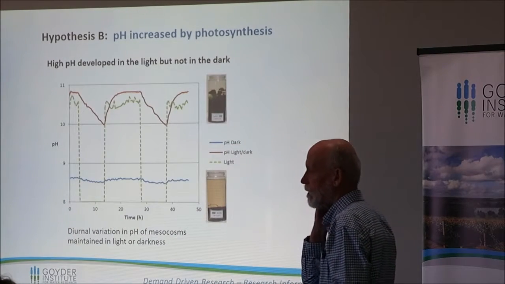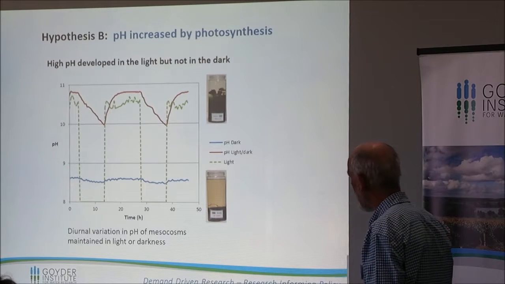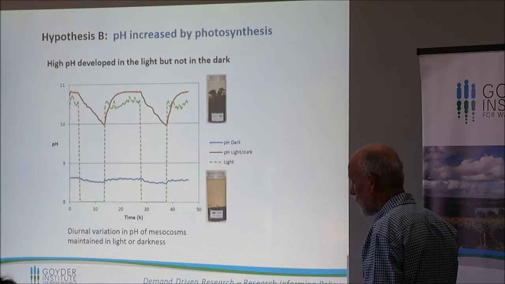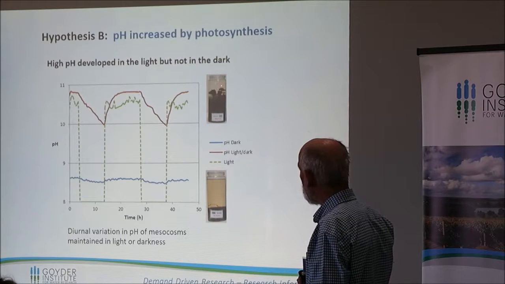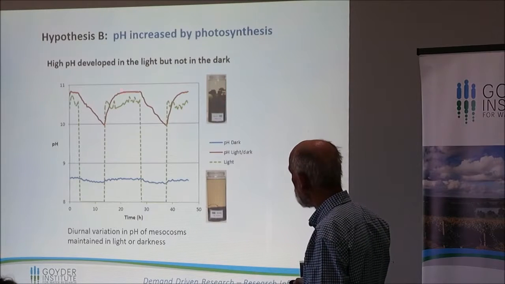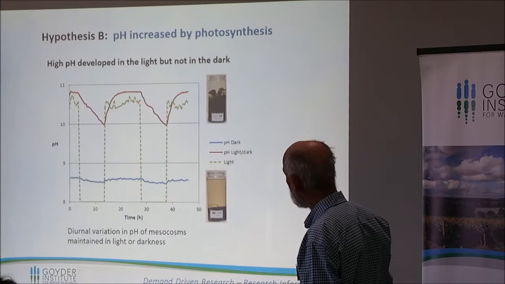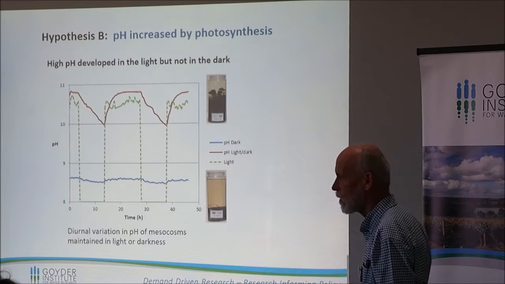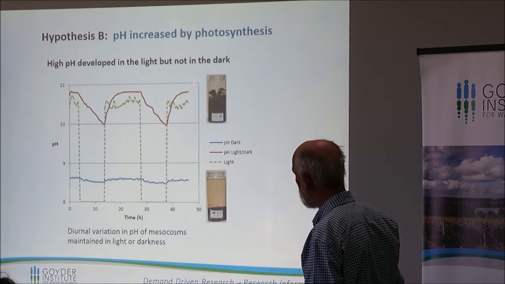So then we began to measure the pH in these mesocosms. Just look at the bottom one to start with, because this is a mesocosm which is kept in the dark. However, if you put it in the light, or light and dark in this case, where the dashed line is light on, light off, what you see is a much higher pH, but superimposed upon this is a diurnal variation in pH.